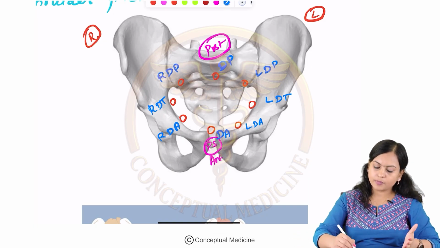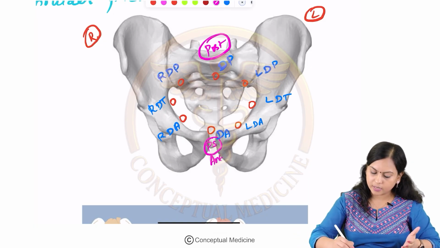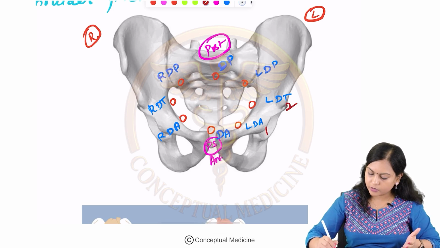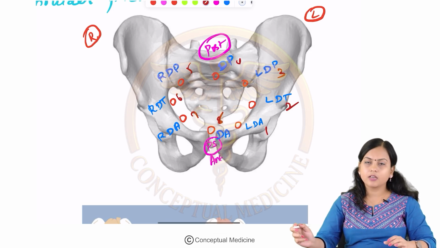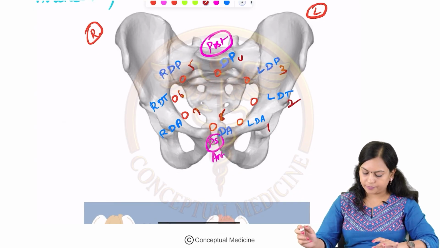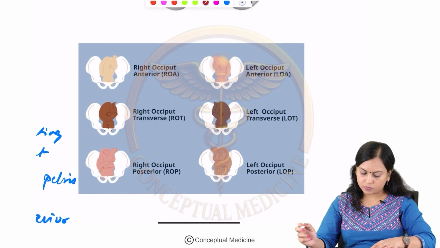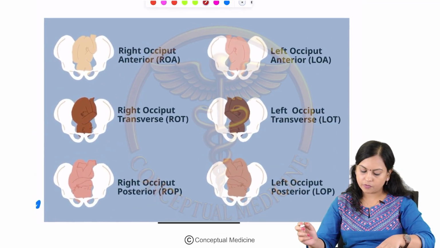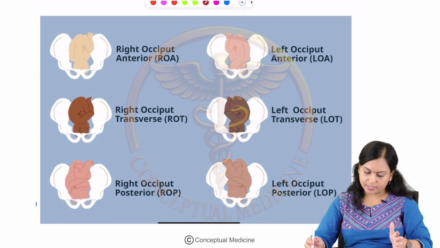So how many positions did we get? We got 1, 2, 3, 4, 5, 6, 7 and 8 positions are possible in any kind of presentation. So this is how we have it in a cephalic presentation.